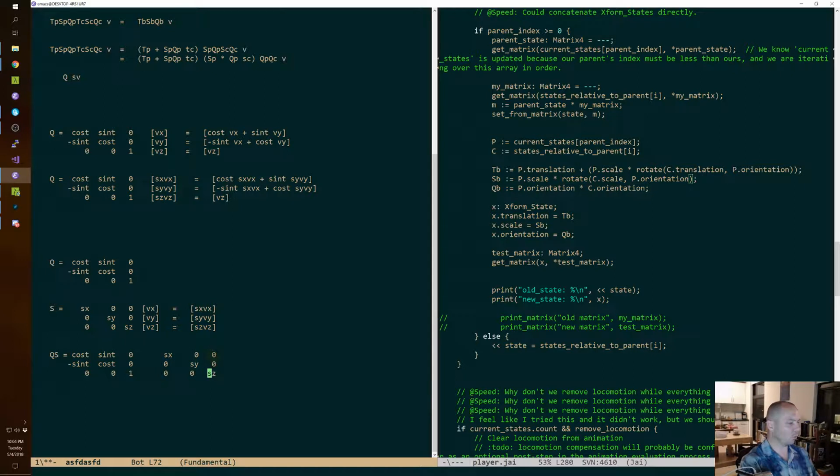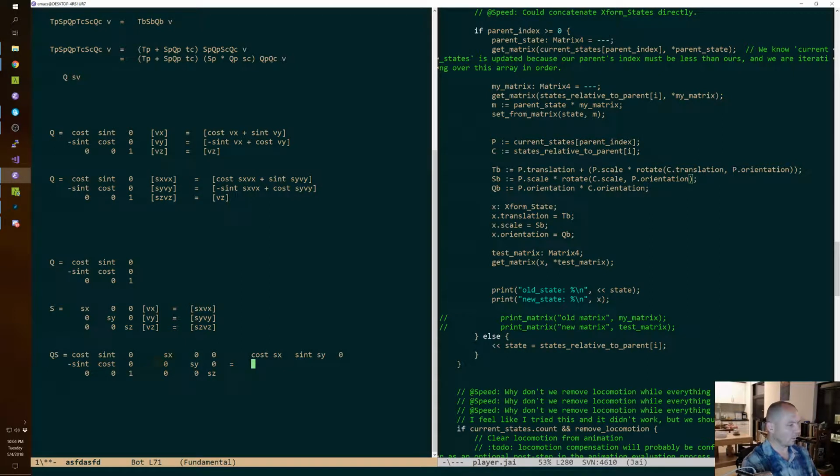So you multiply this out, and what do we get? We get cosine theta Sx, sine theta Sy, and 0. Gotta write these further apart. Right, is that right? Boom, boom, boom.